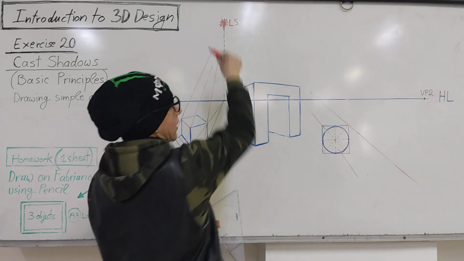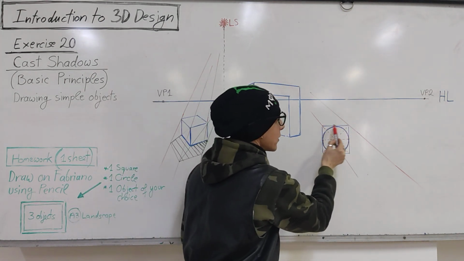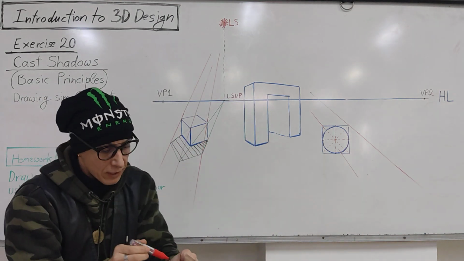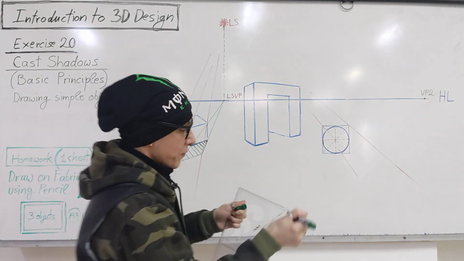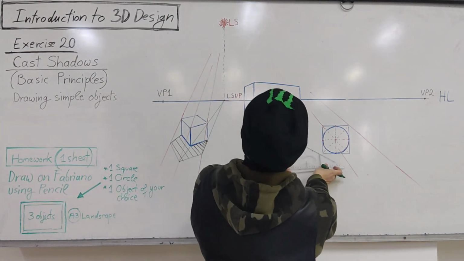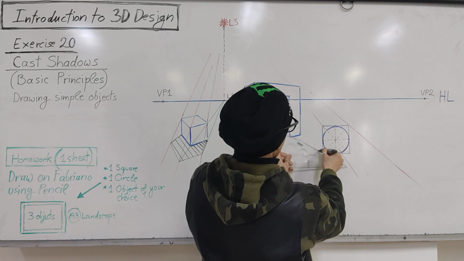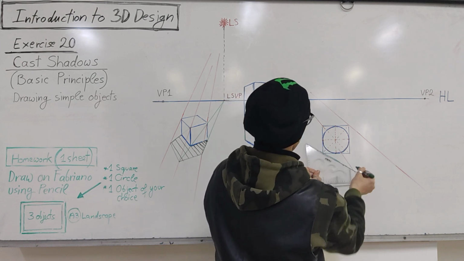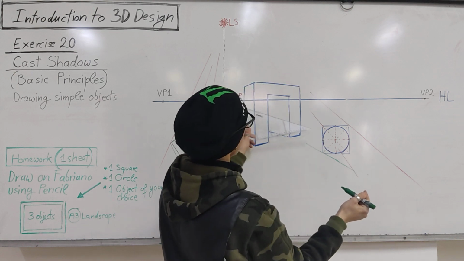Okay, so these go to the light source. These are the 2 upper points. Now the 2 lower points from the light source vanishing point. And this point also.